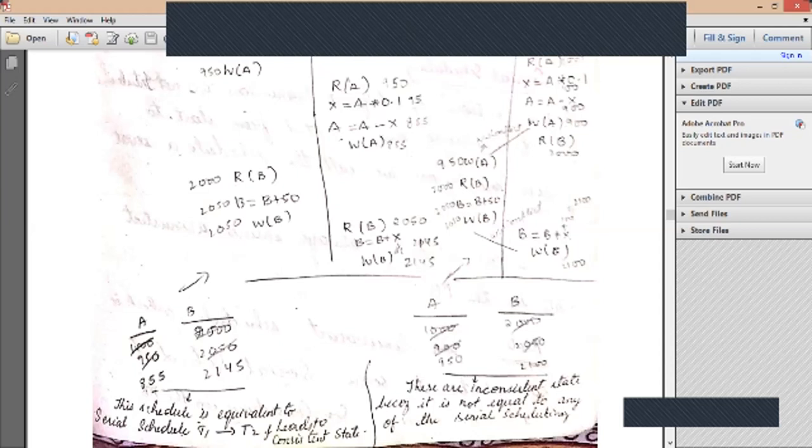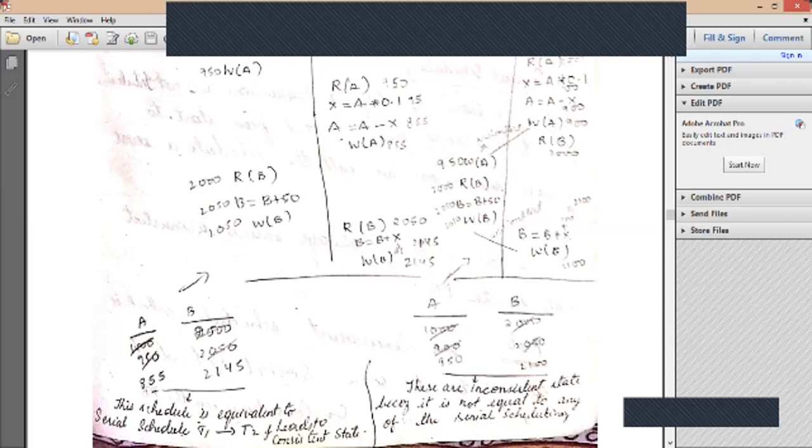It has read 2050, because we wrote this to the database. And we are adding the X value, B plus X, where the X value is 95, and what we get is 2145.